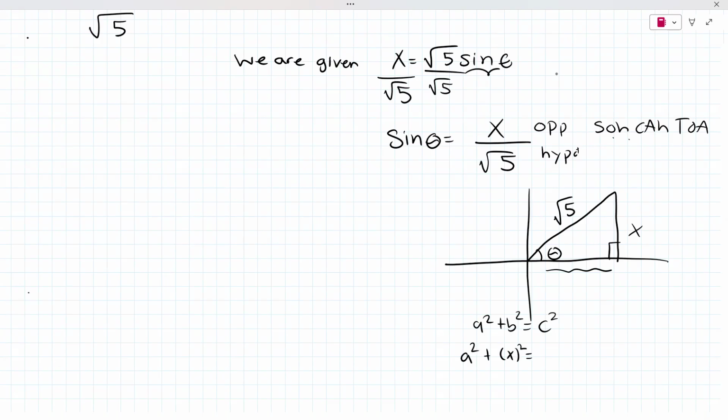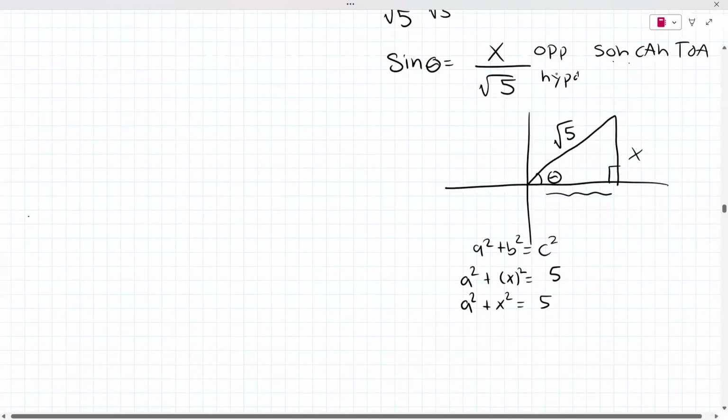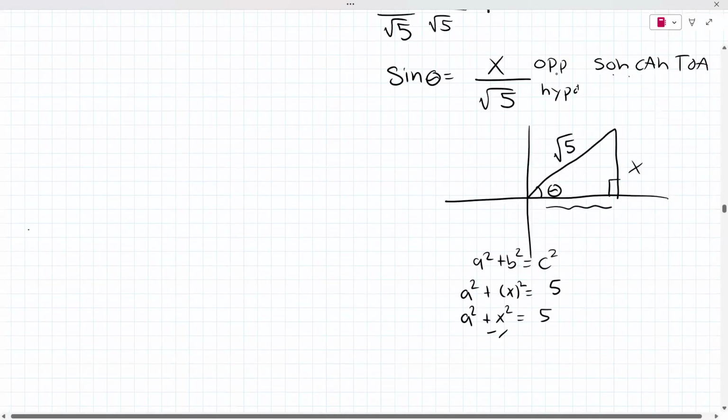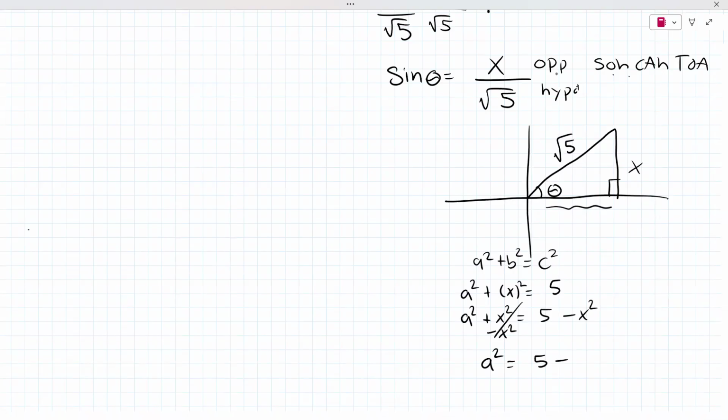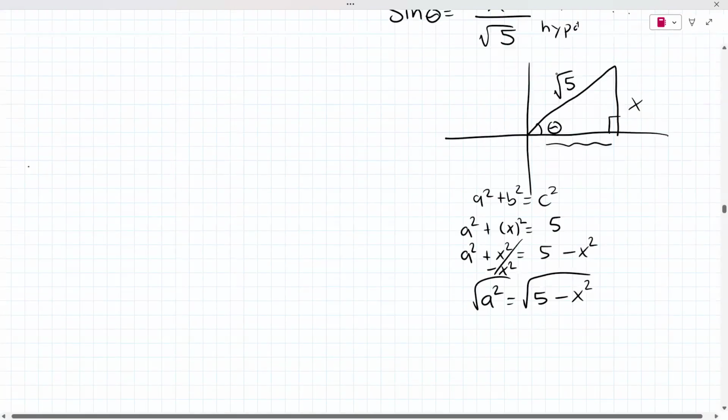And then c is radical 5 squared, which is 5. Then solve for a, so you're going to subtract x squared. A squared equals 5 minus x squared. Take the square root of both sides. We get a is square root of 5 minus x squared.